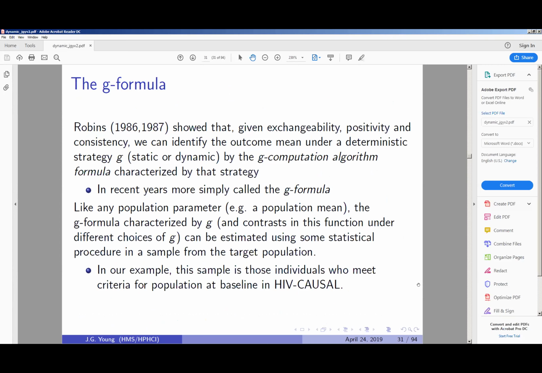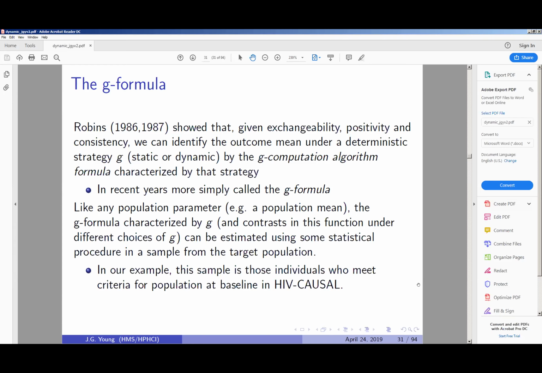And so Robins in the mid-80s gave the seminal result that showed that given these three assumptions, for any strategy G, we can identify the population mean of the outcome had, contrary to fact, everybody followed that strategy G, by what he called the G computation algorithm formula characterized by that strategy. And in recent years, that term has been shortened to the G formula.